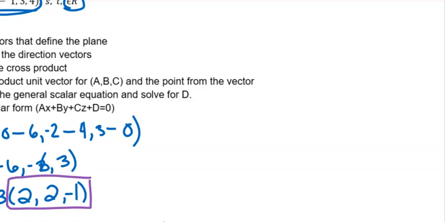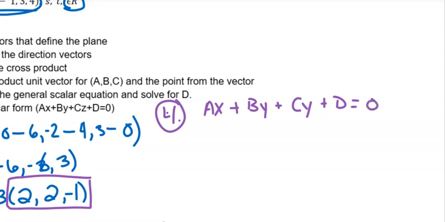I'm going to do this in a really intentional way, and this is just going to help me remember which different point is what. First, I'm just going to write out what my general form is. These A, B, and C come from the normal.